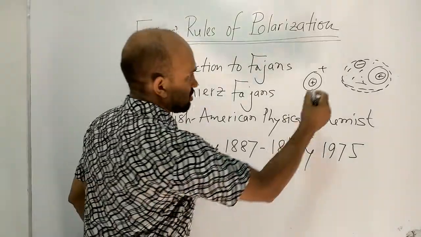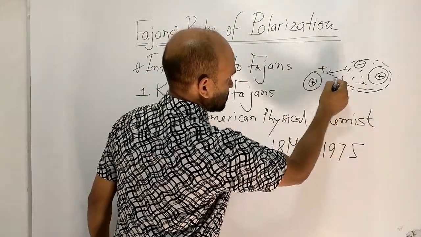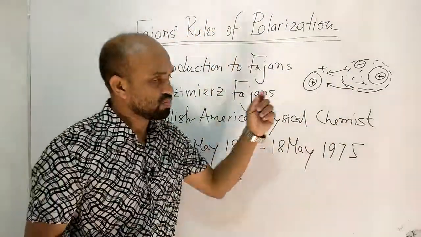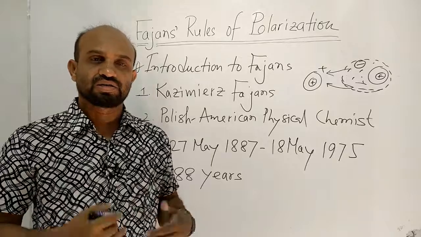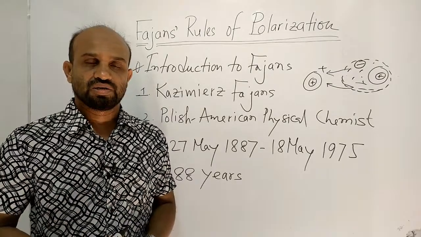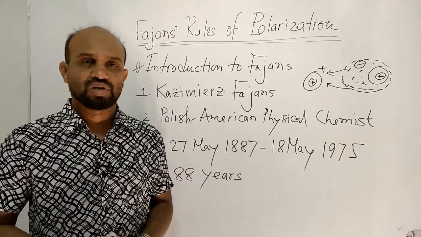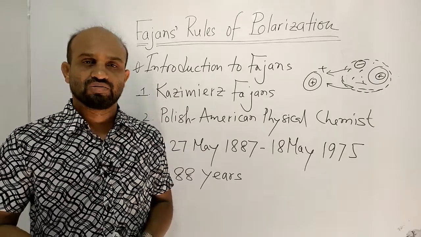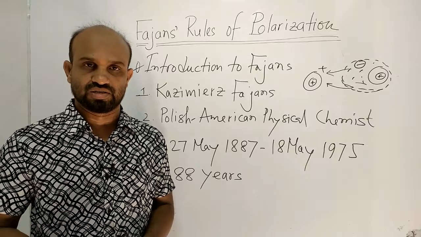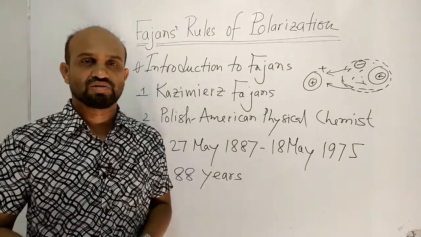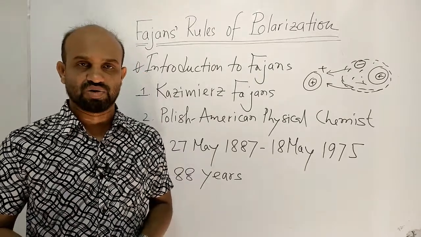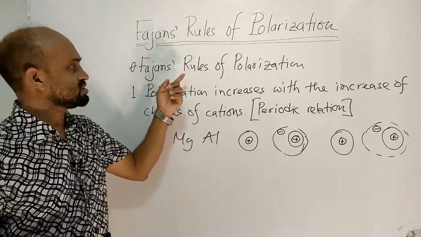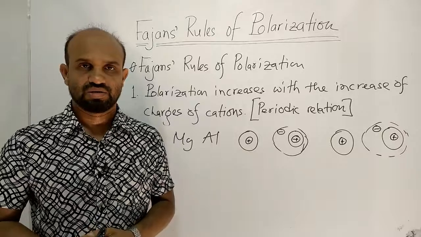The movement of electron cloud towards cation, that means the polarization, the extent of polarization is explained by some rules. These rules are called Fajans rules of polarization. Now let's see Fajans rules of polarization one by one. Now the point is Fajans rules of polarization.